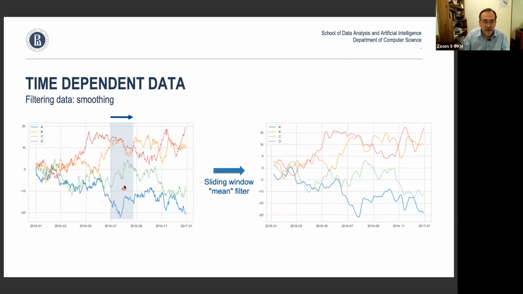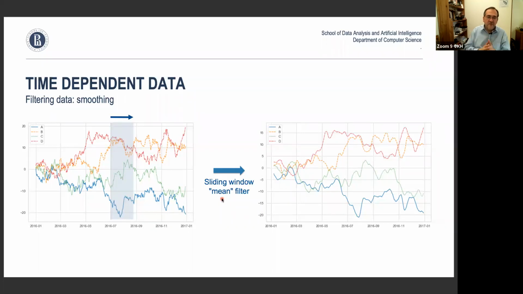And the result here is that instead of this data that oscillates a lot, and actually if you look at the left, it looks a lot like a stock market. It's not the stock market. This is randomly generated data, but it actually tells you that the stock market is pretty damn random. So this is the simulated data. This is a filtered version, and you see much smoother versions of the data.